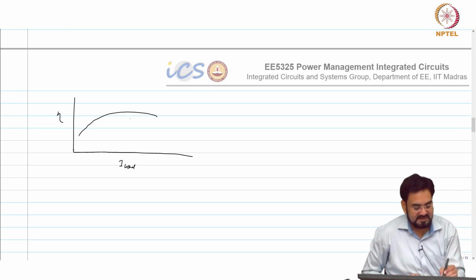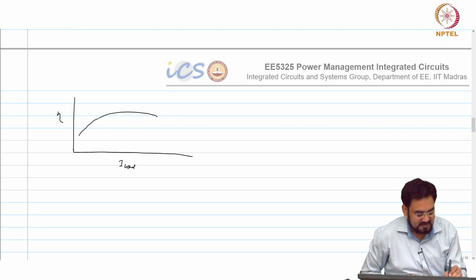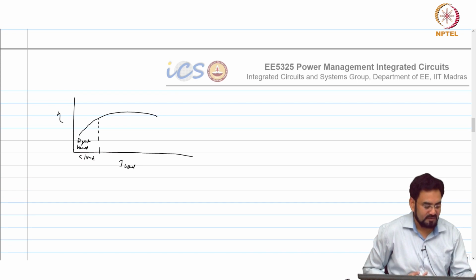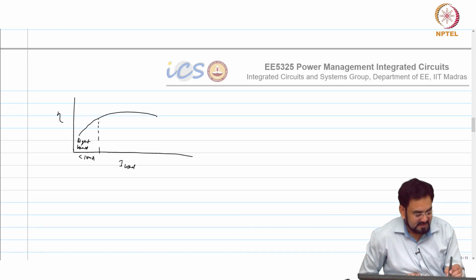So you will see a little bump in the mid load, and then this is your light load, which may be less than 10 milliamp or so.